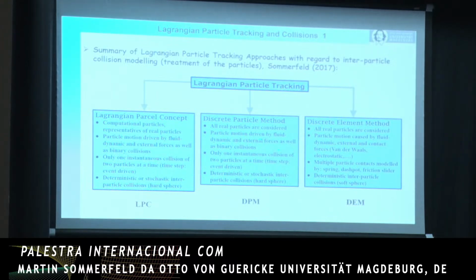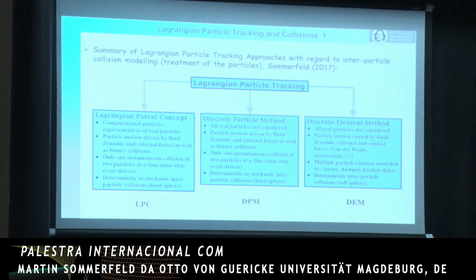When you want to account for collision, you do that as a hard-sphere collision, but this has a certain requirement. Hard sphere means the particles collide and bounce back, so the collision time is very short. Therefore, you have to restrict your time step. If your time step is too large, you have multiple collisions and you make an error.